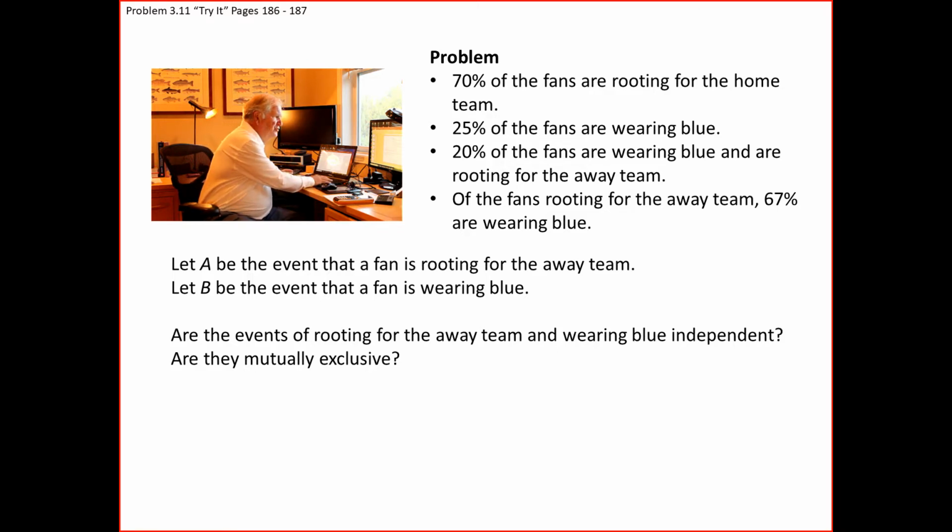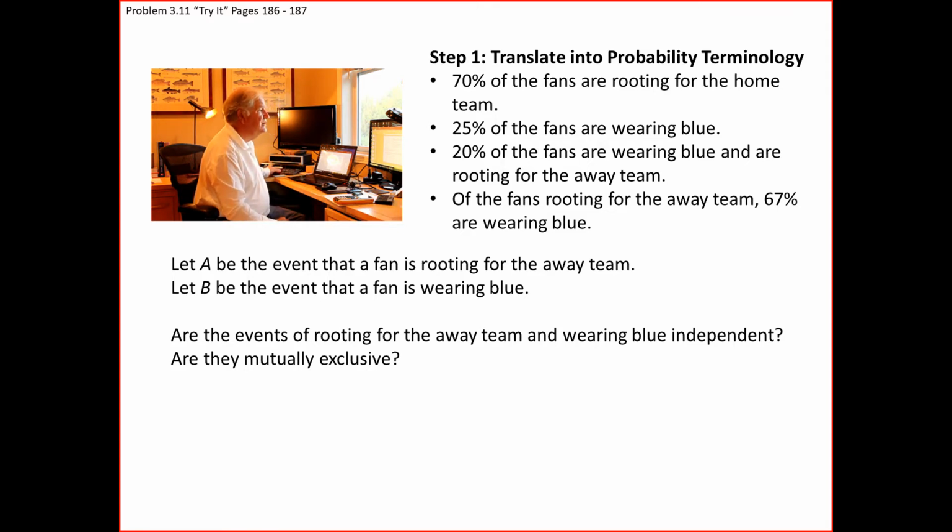First thing that we ought to do is get that English out of the way and get some probability terminology down so that we can start to work with some of these probability laws. So the statement, 70% of the fans are rooting for the home team.